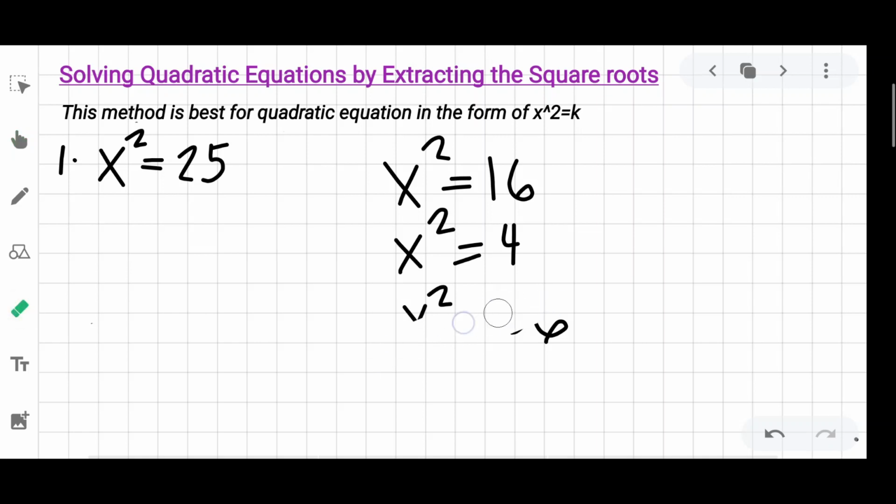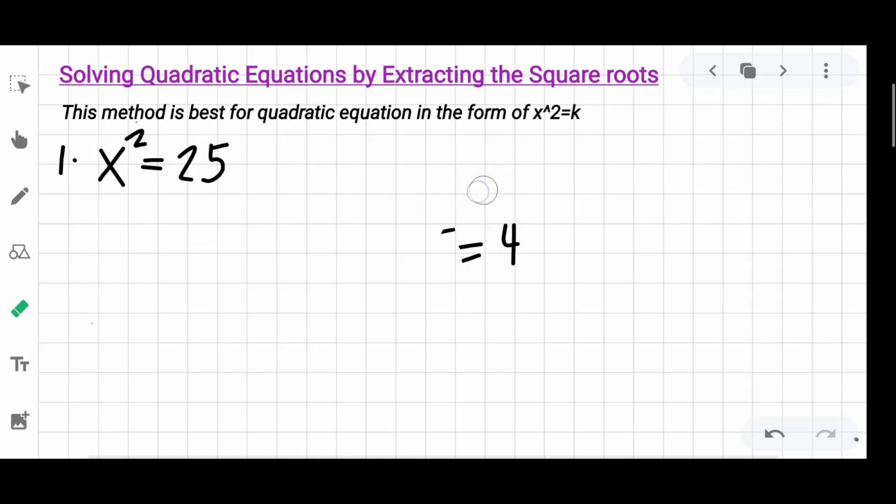So, bago tayo mag-proceed sa una nating example, magkaroon muna tayo ng review about square root. So, ano ba yung mga square root? Ang mga square root, ito yung mga numbers like 4, 16, 9, 25. So, kung napapansin ninyo, itong mga number na binanggit ko ay may factors na parehas.